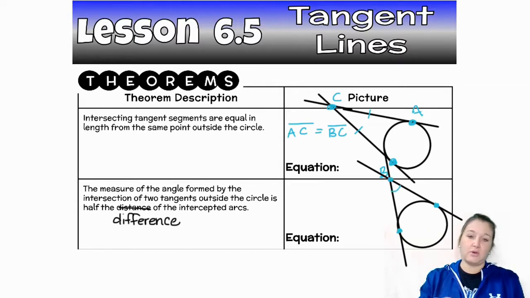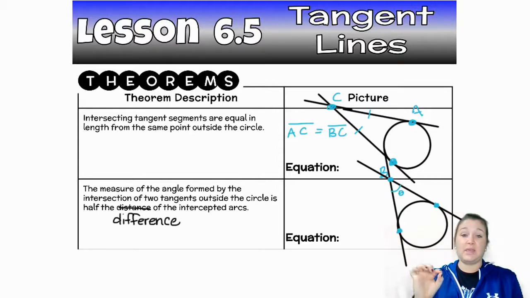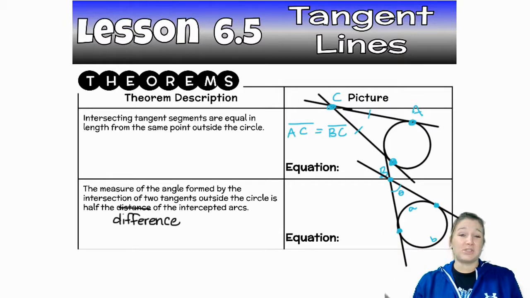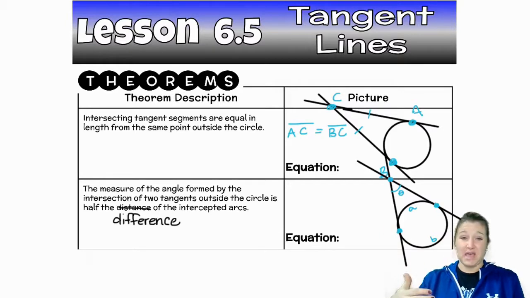So this angle right there, I'm going to call it theta, is going to be equal to half the difference of this arc here, which is A, and then this arc from here to here, which is going to be B, or we might also find that as 360 minus A, because that might be what we're given.